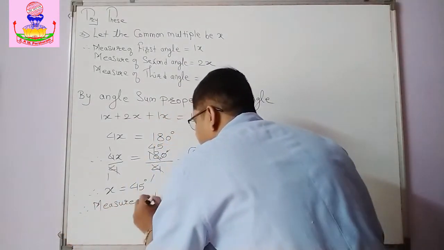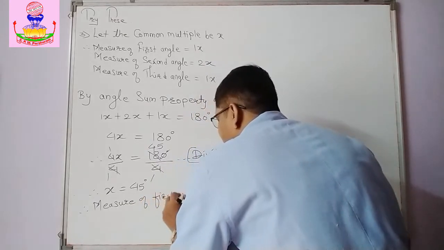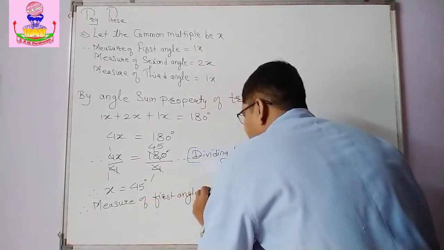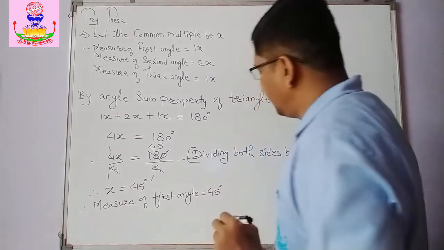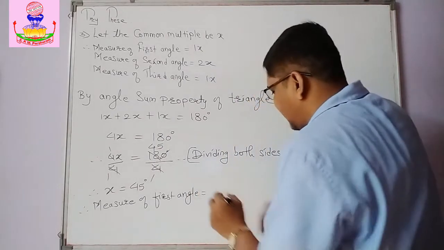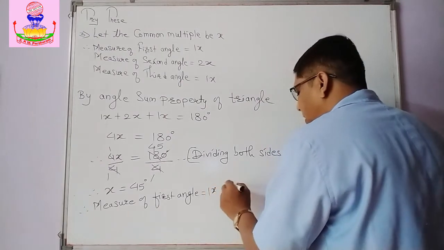Right. So therefore, the measure of the first angle is 1x, am I right?